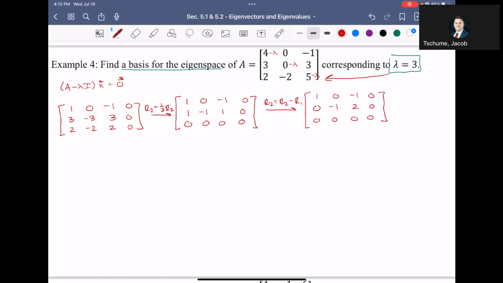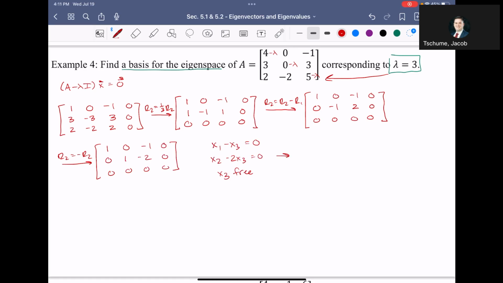The only thing is that our second pivot position needs to be a positive 1, so I will multiply row 2 by a negative. So we get 1, 0, negative 1, 0, 0, 1, negative 2, 0, and then the third row is all zeros. Writing out what this means: x1 minus x3 must be 0, x2 minus 2x3 must be 0, and thus x3 must be a free variable.